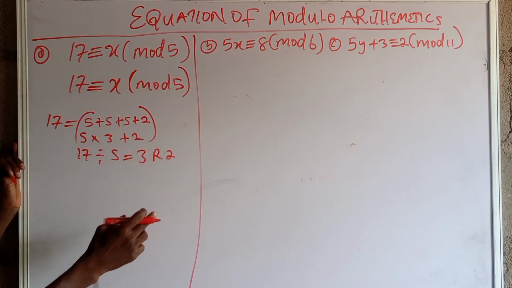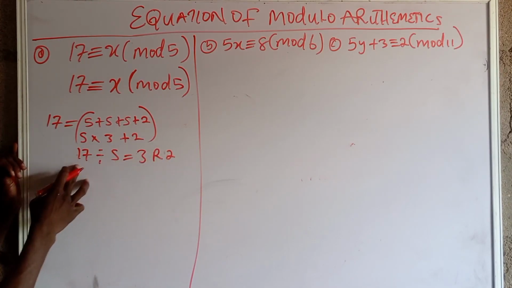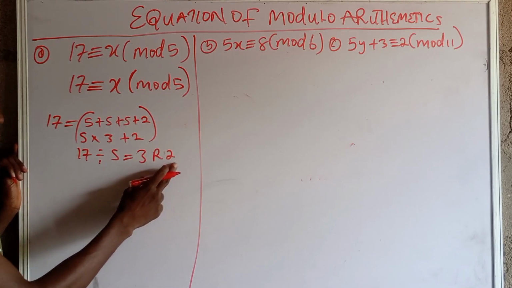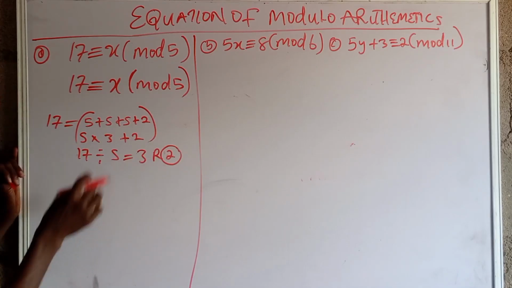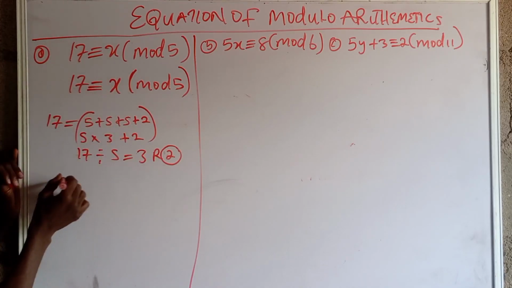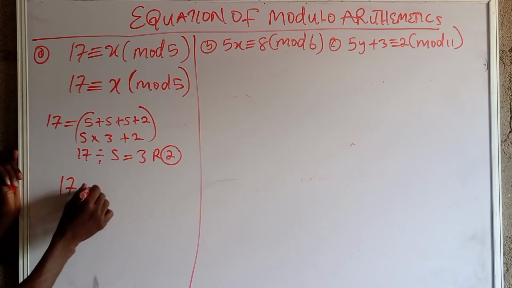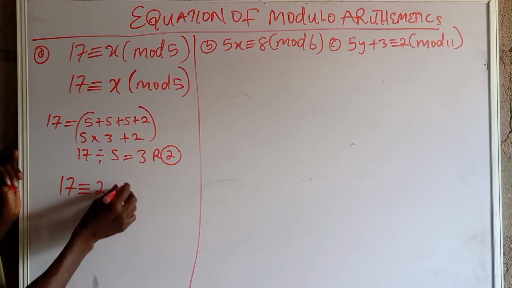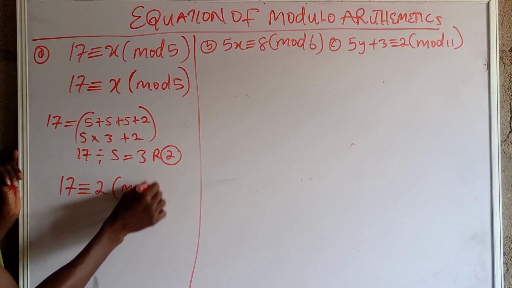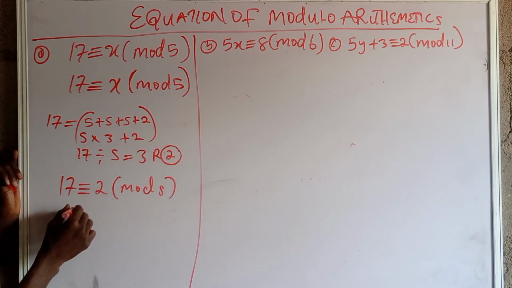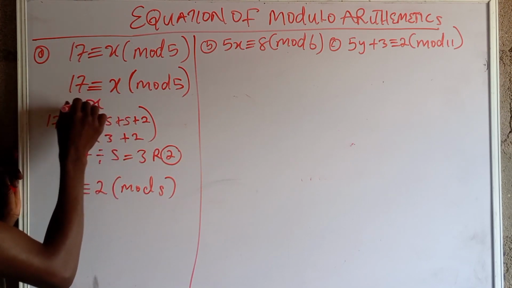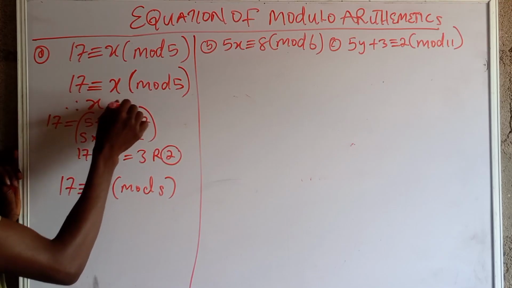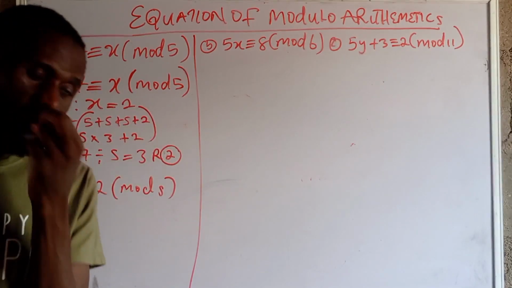That is, 5 goes into 17 three times with remainder 2. That remainder is our x. Therefore 17 is equivalent to 2 mod 5, and we can conclude that our x is equal to 2. That is all for this.